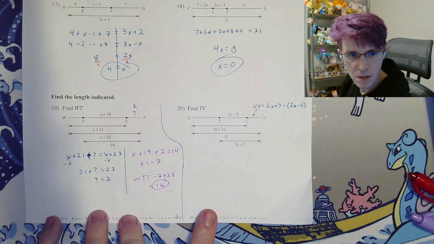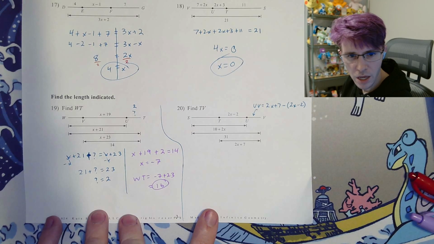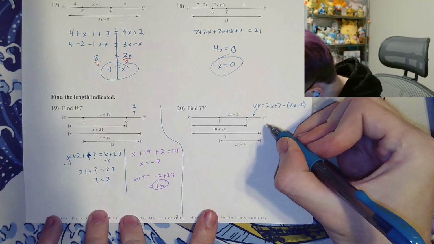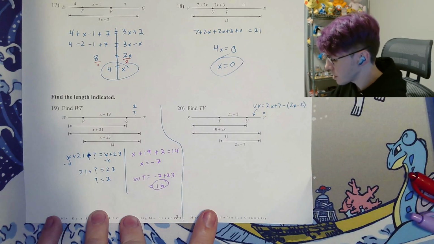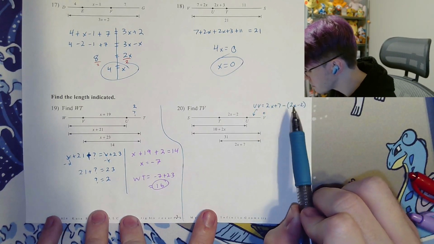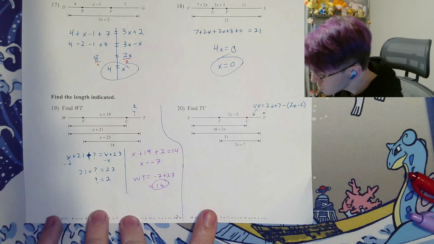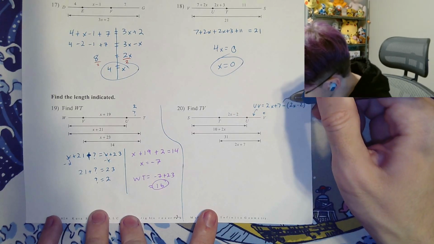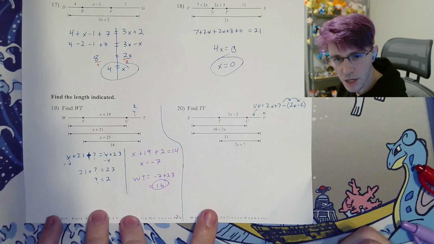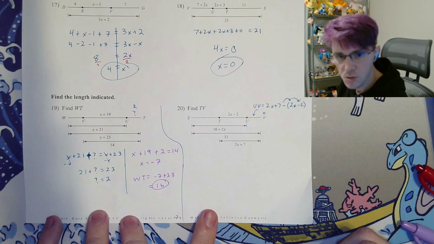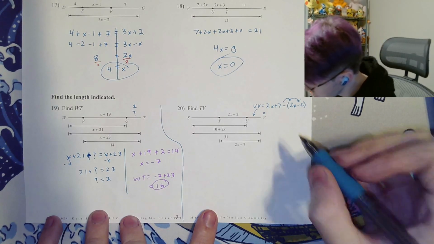We figured out that whole length. A little bit tougher to do for sure, but 2x minus 2x is nothing. 7 minus a negative: remember that you're distributing the negative sign to both of them, and it ends up becoming a positive 2. So 2 minus 2 is 0, and 7 plus 2 is in fact 9.